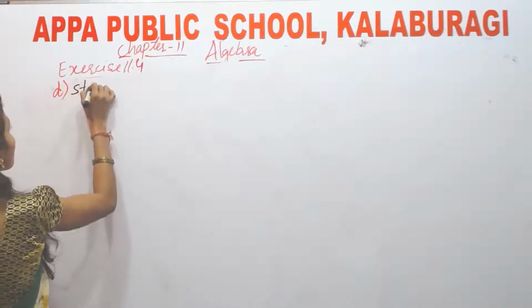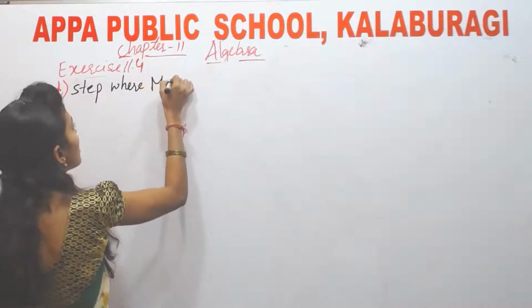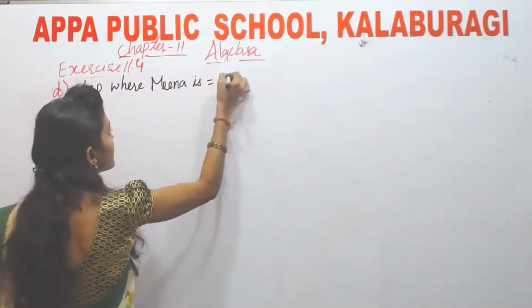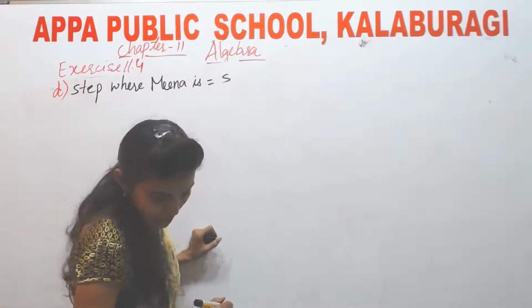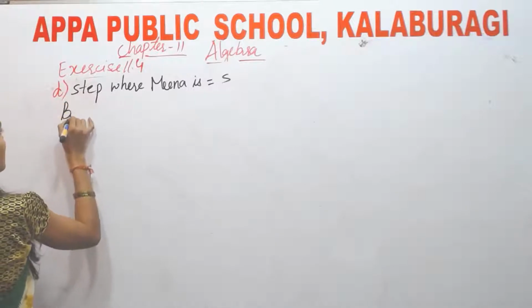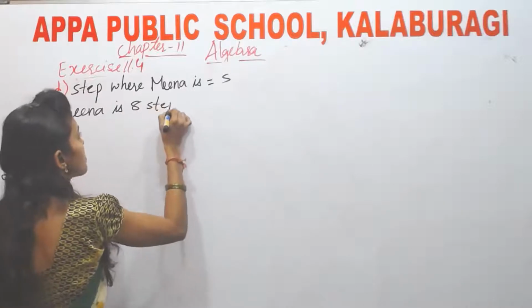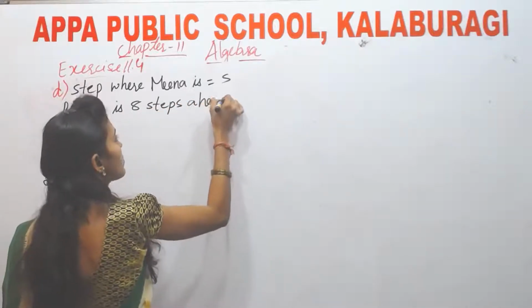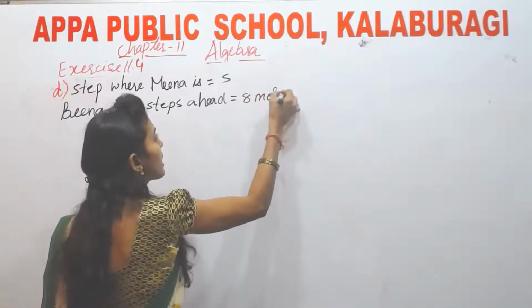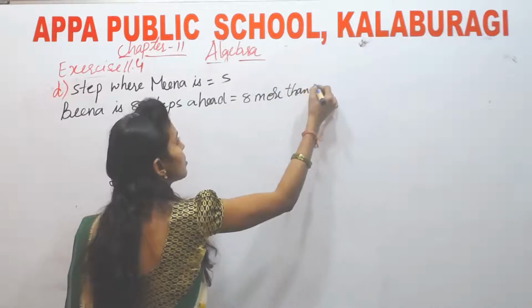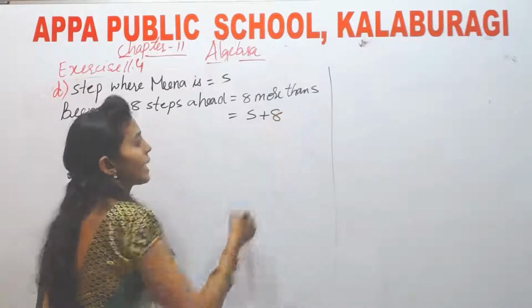Meena is at step s. Then Beena is 8 steps ahead. Ahead means front. It is nothing but 8 more than s, that is s plus 8.